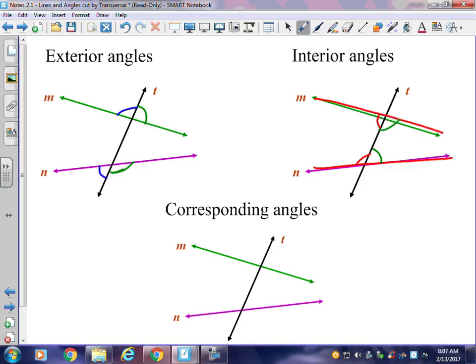Now, if you're not talking about inside or outside, then you're talking about corresponding angles, and corresponding angles are in the same position around the intersection.